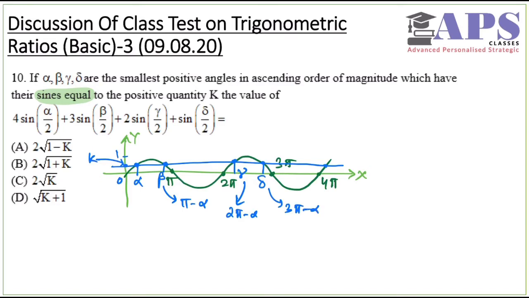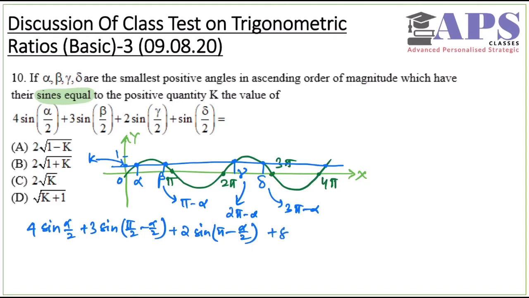Okay, so with this understanding, our expression will become 4 sine alpha by 2, plus 3 sine beta by 2, beta by 2 is pi by 2 minus alpha by 2, plus 2 sine gamma by 2, that's sine of (pi minus alpha by 2), and sine delta by 2, that is sine of (3 pi by 2 minus alpha by 2).